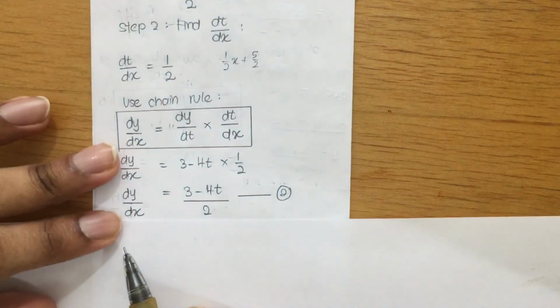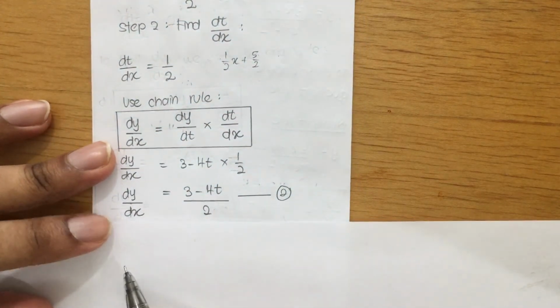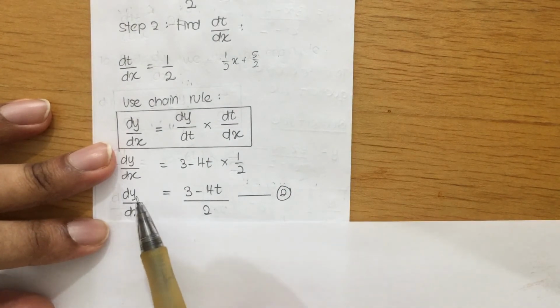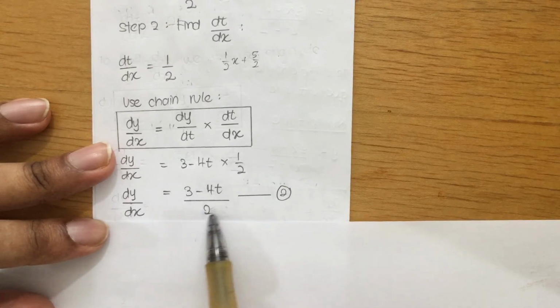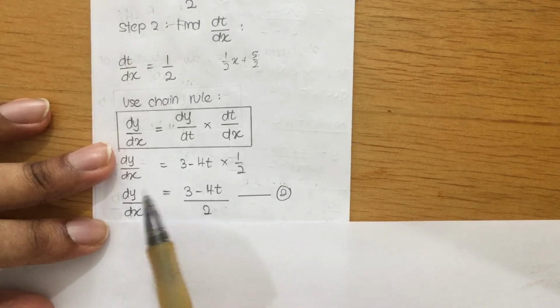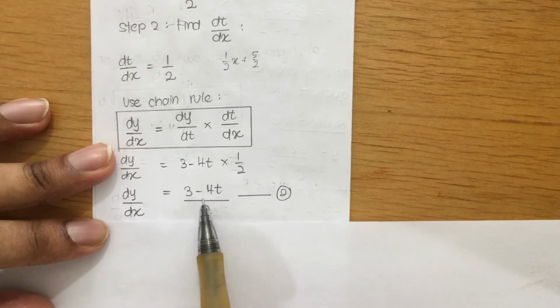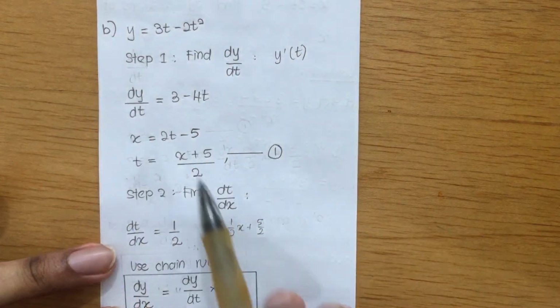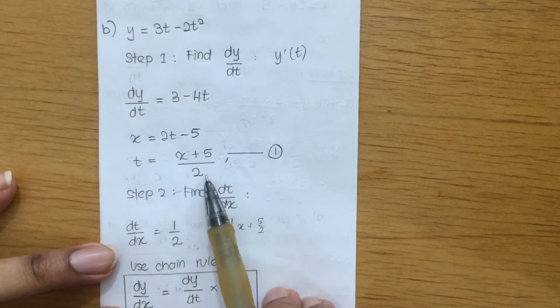Okay, if you leave your answer this way, you'll get it wrong, guys. Why? Because the question asks to express dy/dx in terms of x, but you have it in terms of t. So how are we going to find dy/dx in terms of x? Remember that I have expressed an equation of t in terms of x, where t is equal to (x plus 5) over 2.